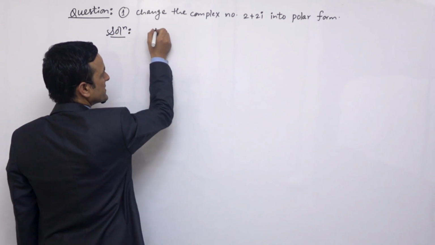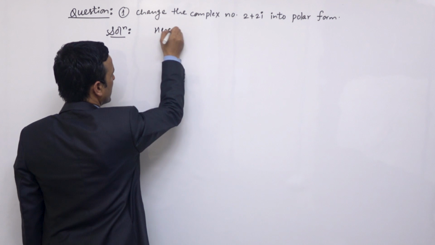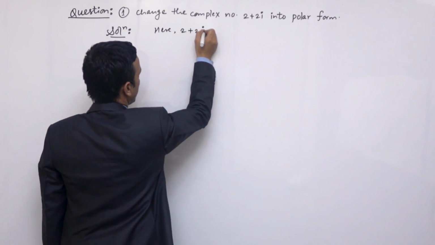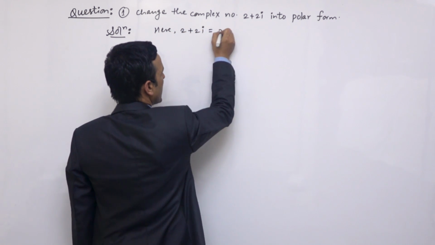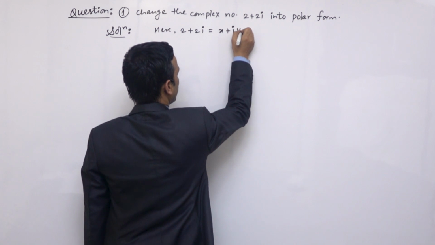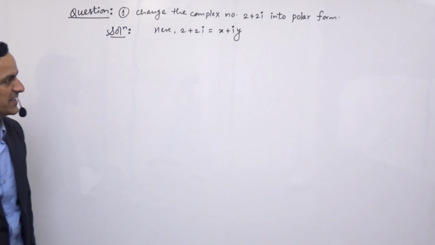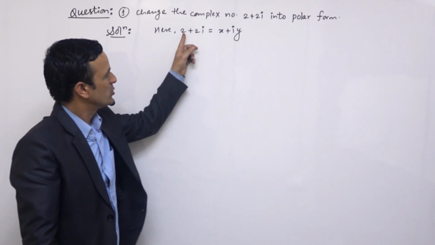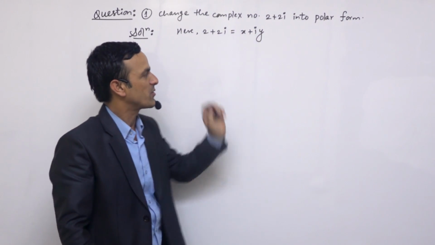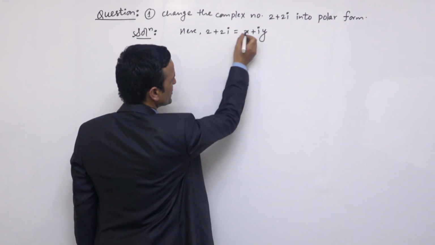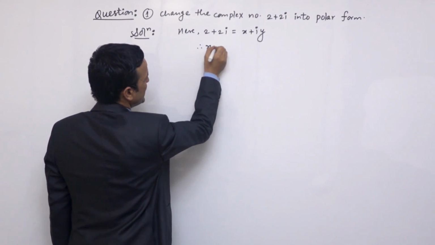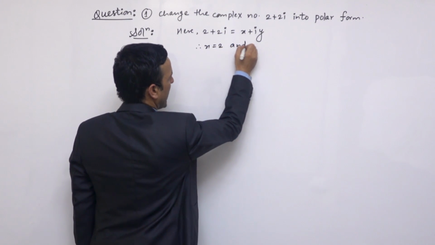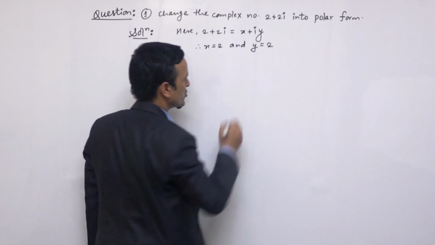So here 2 plus 2i is equal to x plus iy. We can suppose it like this. This is in the form of x plus iy. Since this question is in the form of x plus iy, if you compare this one, the value of x is 2 and the value of y is also 2.